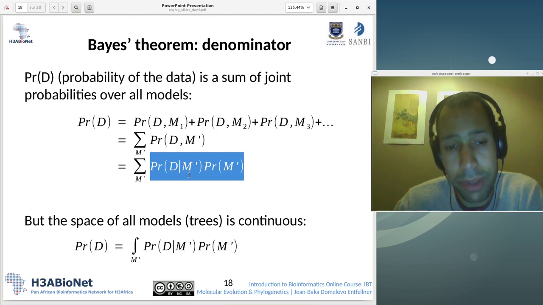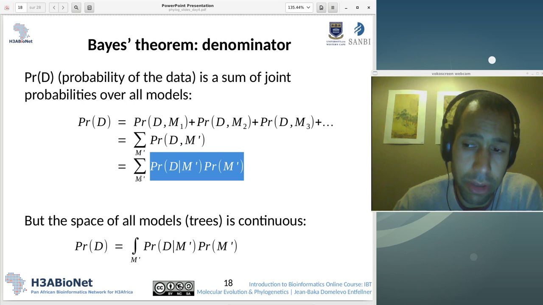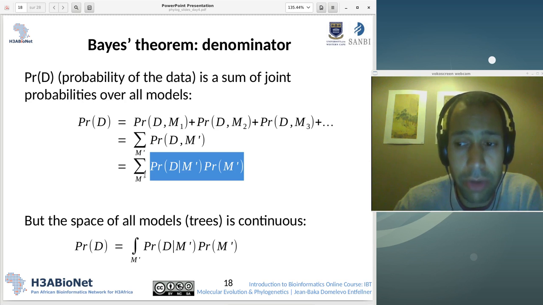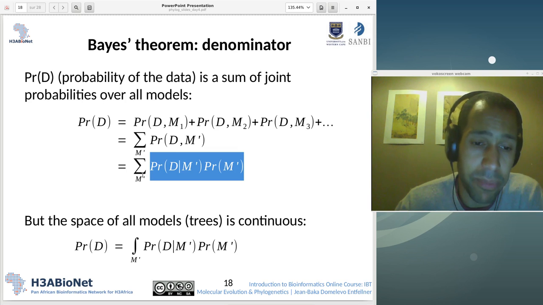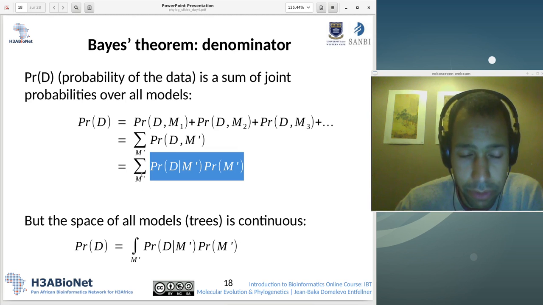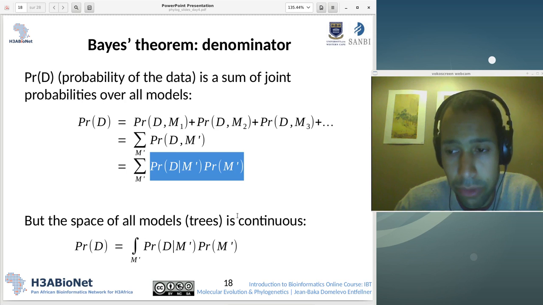But what makes the situation a bit more complex is that the space of all the models here is not discrete. So you cannot say I sum over the models M prime taking their values in a discrete, countable set. It's a continuous space.